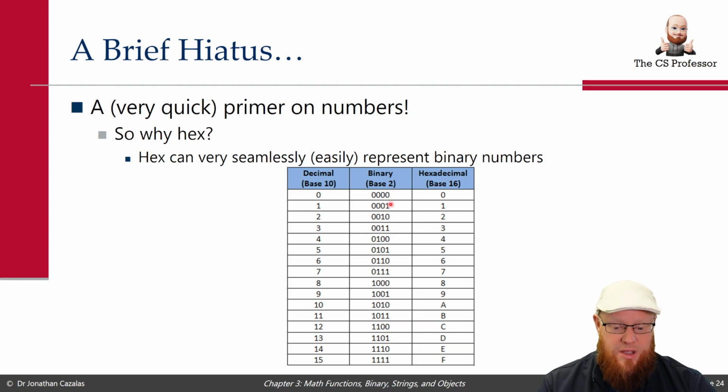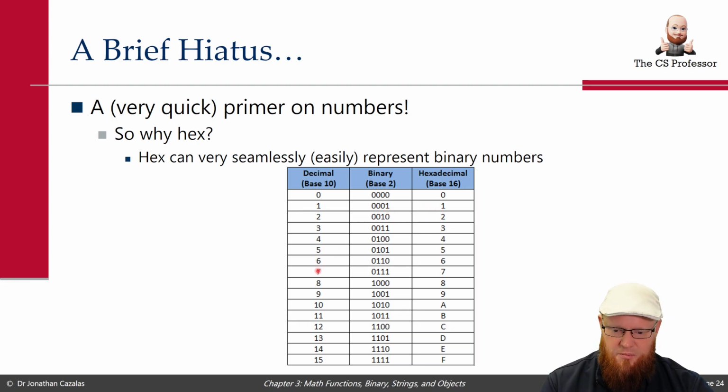Here are their binary equivalents, right? So we just did 13, which was 1101, right? 8 plus 4 plus 1 is 13. So here's their binary equivalents. And here are their respective hexadecimal values. So of course, 1 in decimal is 0001 in binary, and it's 1 in hexadecimal.